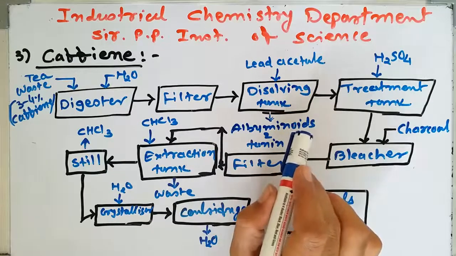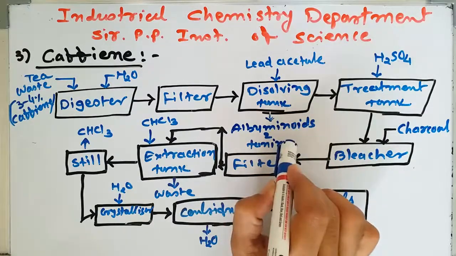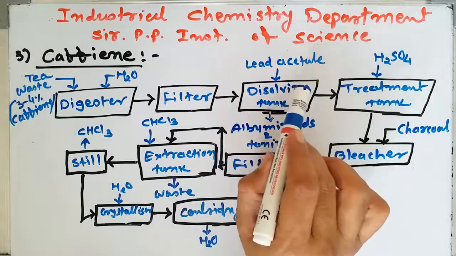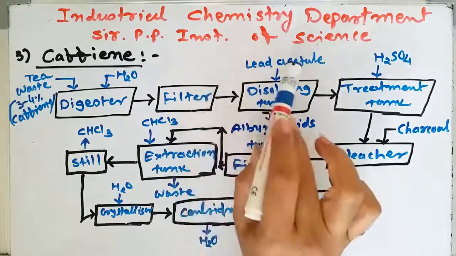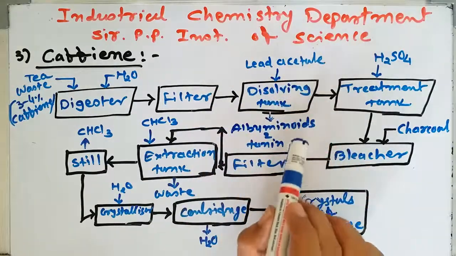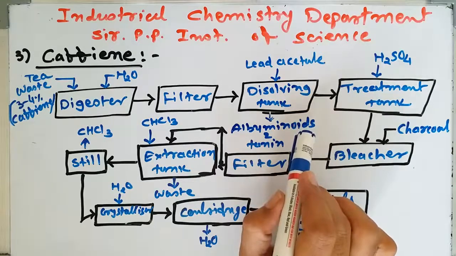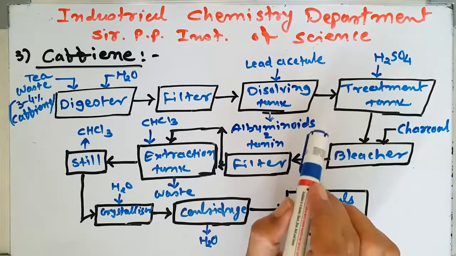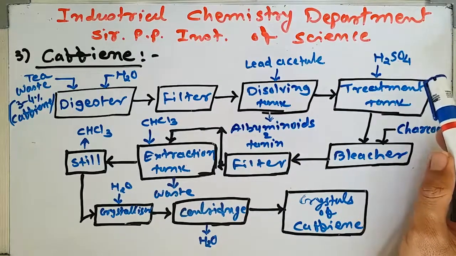Tea contains albuminoids and tannin as components, so when we add the hot filtrate of tea waste and basic lead acetate, albuminoids and tannin are precipitated out.